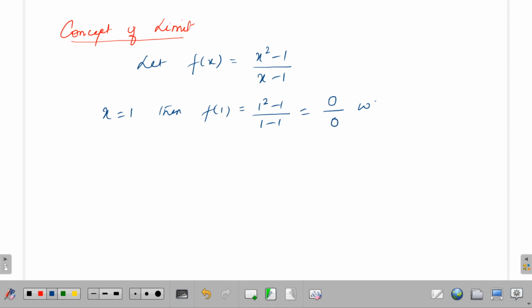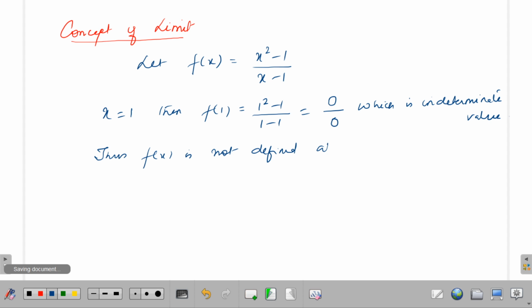This is called an indeterminate value; 0 by 0 is a meaningless value, so we cannot get an answer like that. Thus f of x is not defined at x equal to 1.